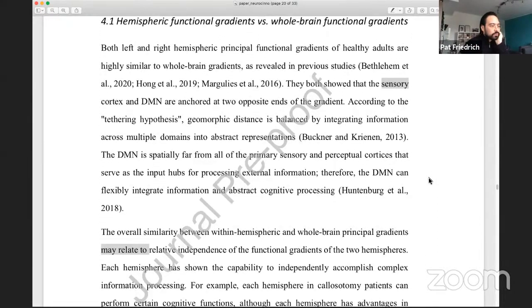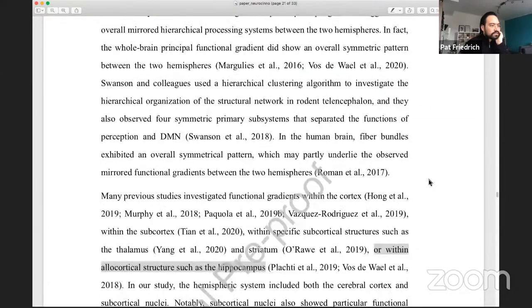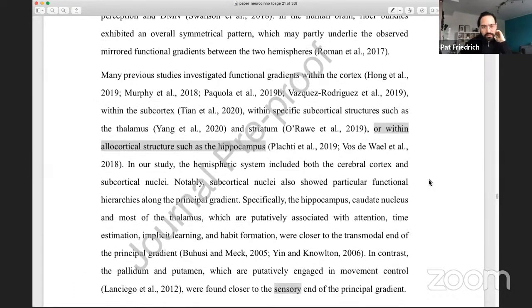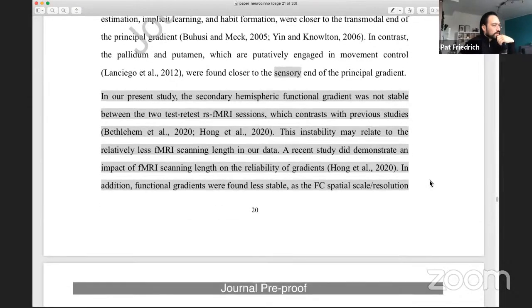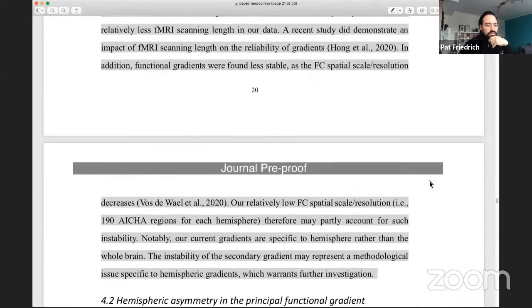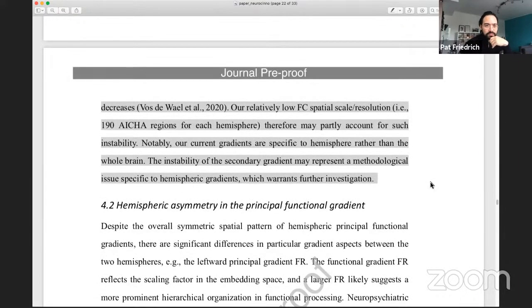The reason I'm mentioning that is that typically, when looking at structural asymmetries, we see that males are sometimes more stable in their result pattern than females.